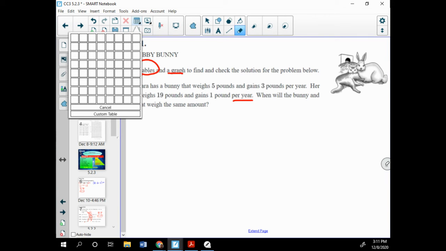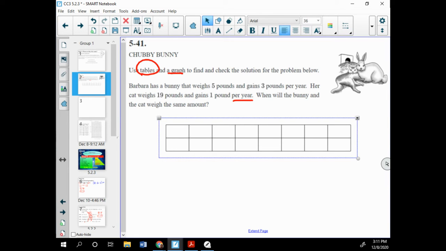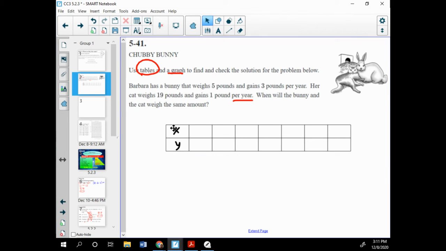I'm going to cheat and have something that already sets it up for me. I'm just going to go with a table like that. So I'm going to have X and Y. Now, instead of putting X and Y, we could actually label with what it actually means. So what goes on top? We start with 0, 1, 2, 3, 4, 5, 6.